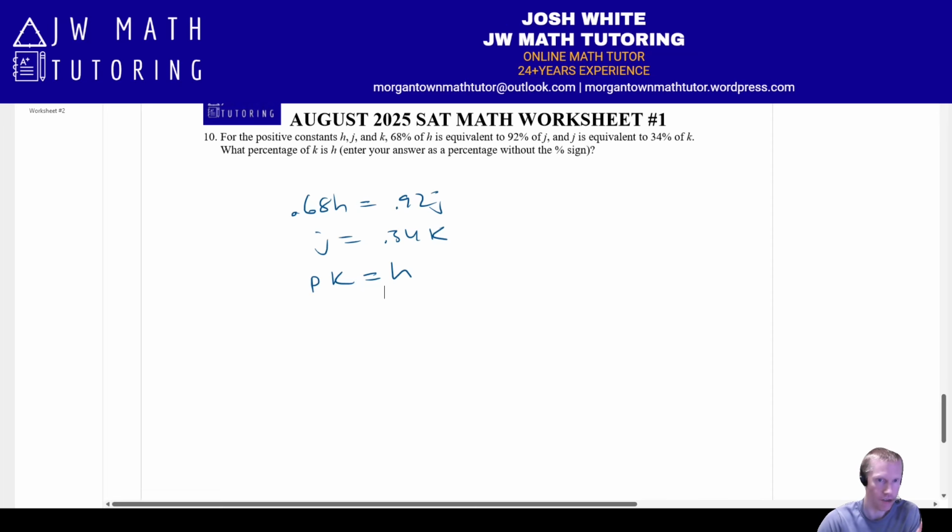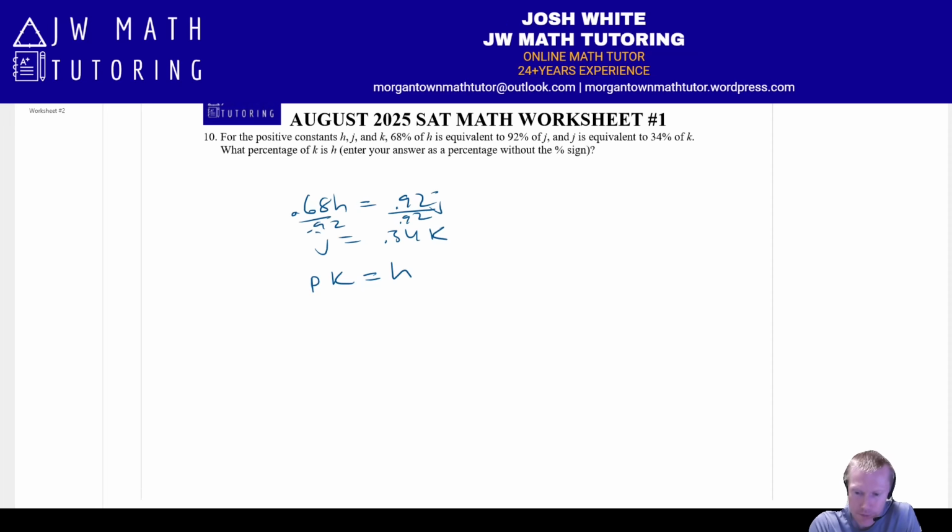Then you replace j in the second equation, and you have an equation with just h and k, since we want to relate h and k.